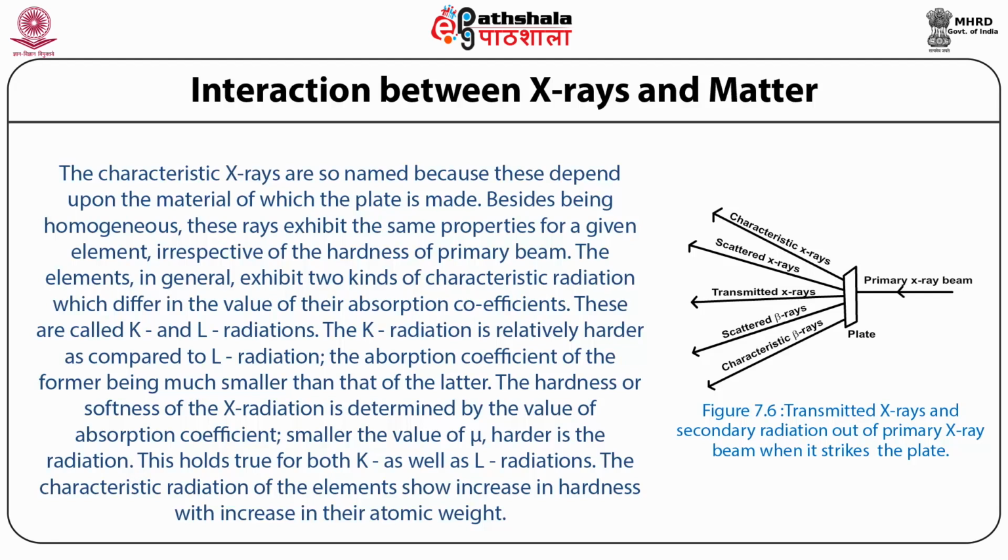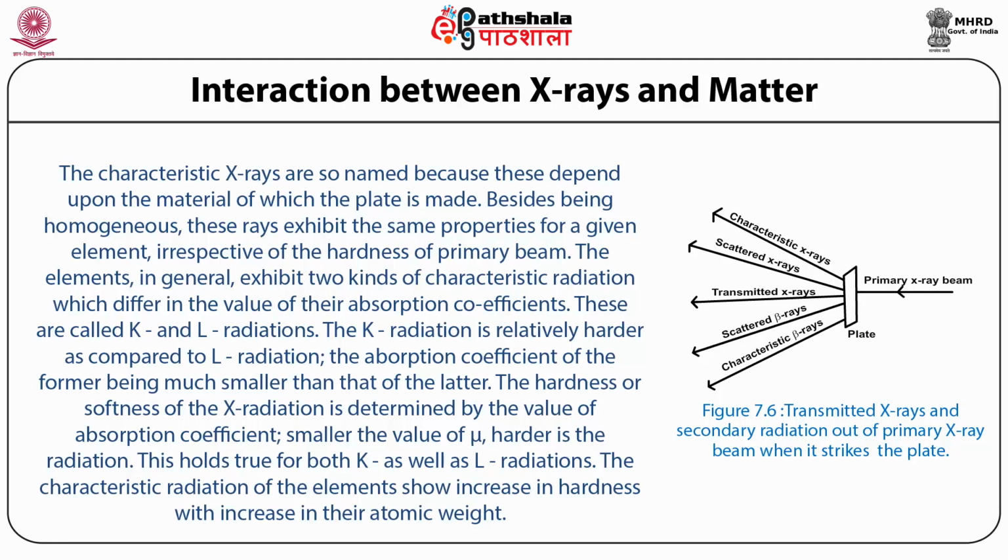The elements in general exhibit two kinds of characteristic radiation which differ in the value of their absorption coefficients. These are called K and L radiations. The K radiation is relatively harder as compared to L radiation, the absorption coefficient of the former being much smaller than that of the latter.